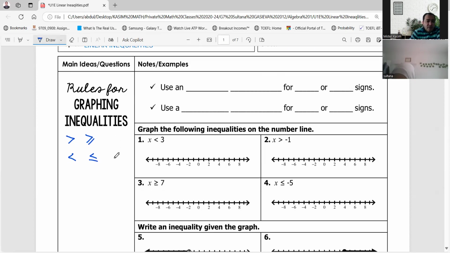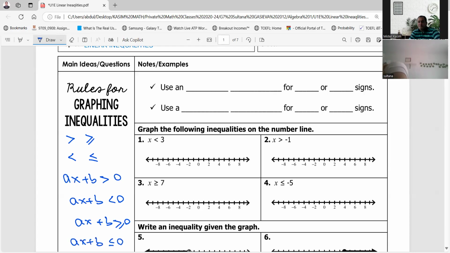And now particularly, we are going to talk about linear inequality in one variable. So that is like this: ax plus b is greater than 0, or ax plus b less than 0, or ax plus b greater than or equal to 0, or ax plus b less than or equal to 0, right?